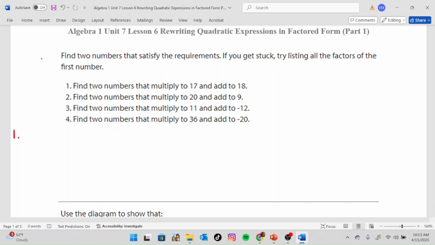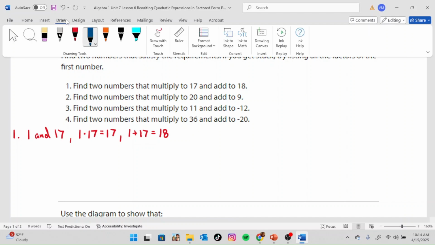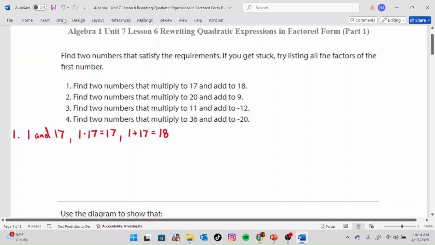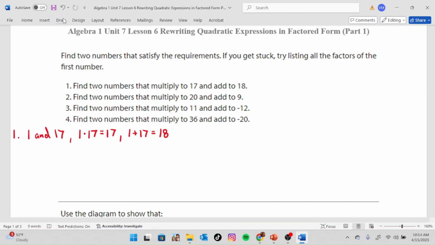And this is going to be 1 and 17. 1 times 17 equals 17, and 1 plus 17 equals 18. So the first problem is pretty straightforward and easy, just to get you used to the idea of what we're going to do here.